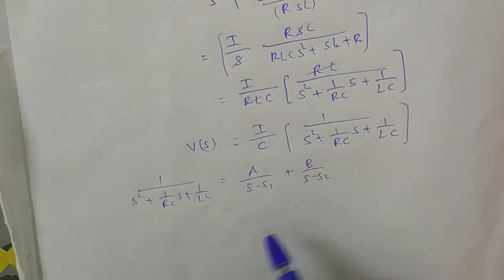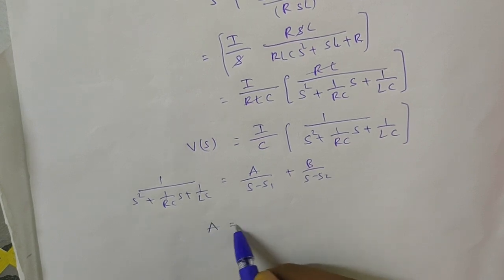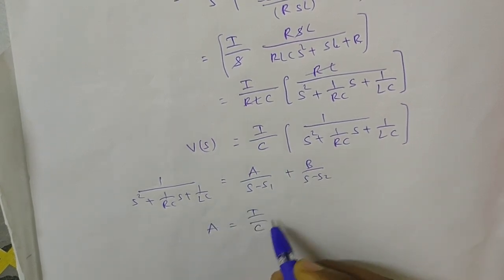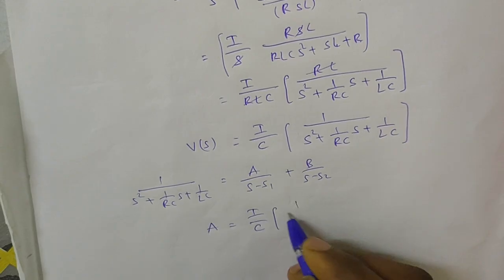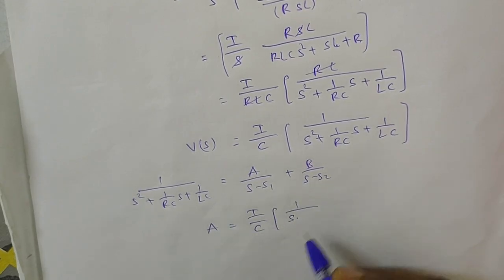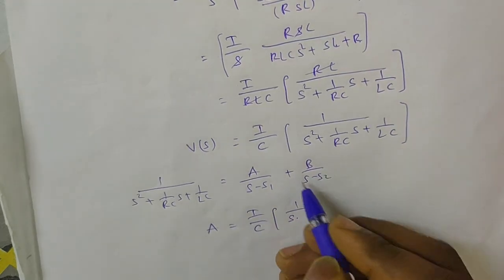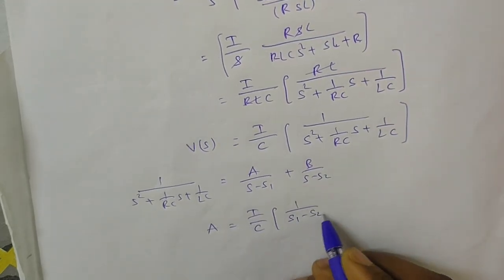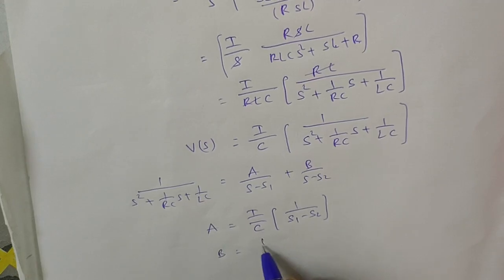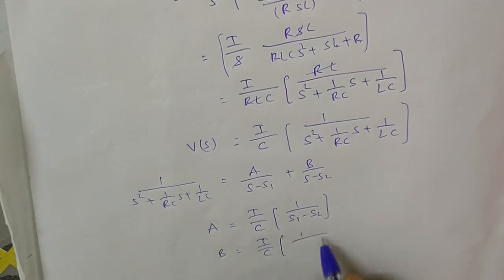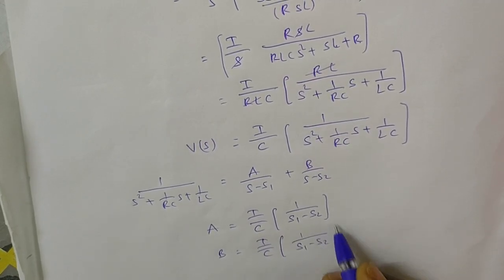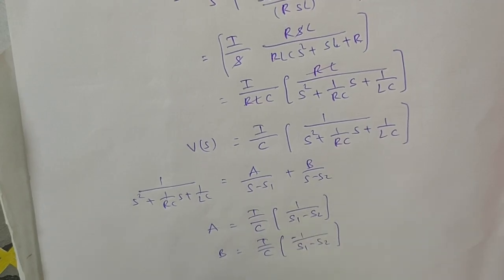In this, previously the a value will be 1 by C into 1 by s1 minus s2, and B will be 1 by C into 1 by s1 minus s2, as minus is taken common.